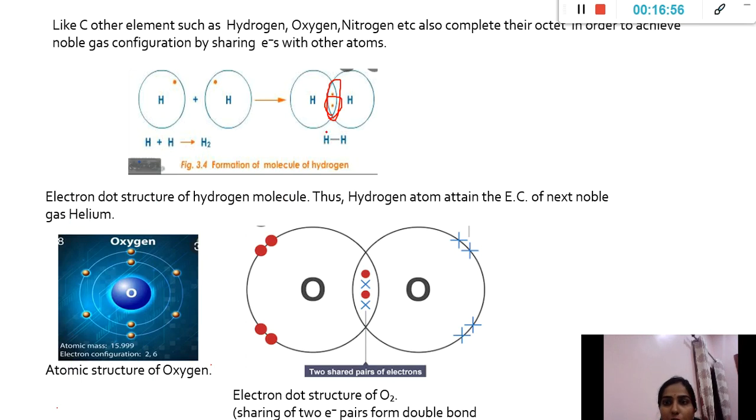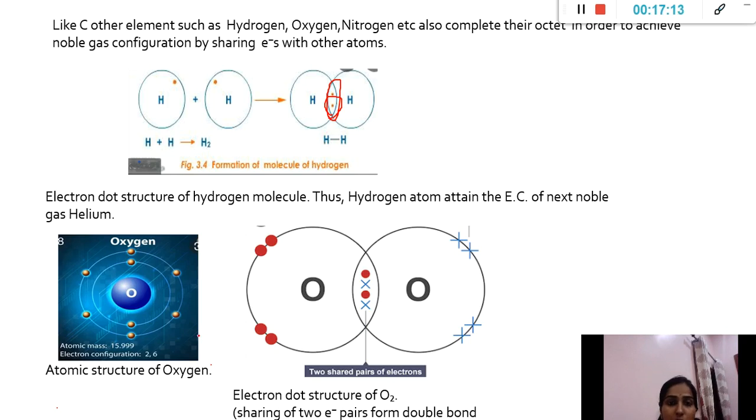So here they are forming a covalent bond, a single covalent bond. In this way, they are attaining the electronic configuration of the next noble gas, that is helium.